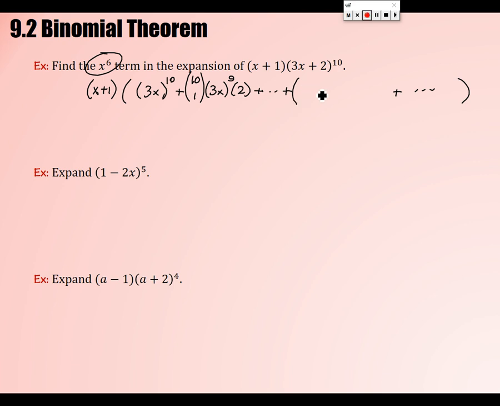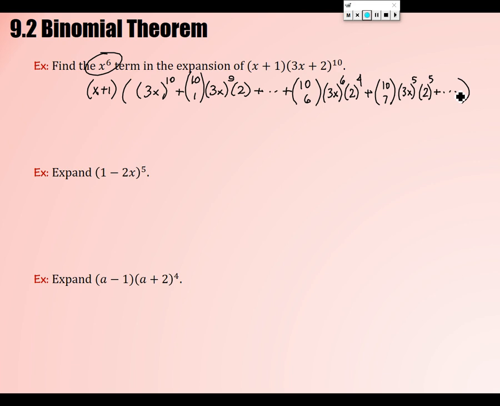The x to the 6th term will be of the form (3x) to the 6th, 2 to the 4th, 10 choose 6 or 4. And the term right after that I'm interested in too: 10 choose 7, whatever, (3x) to the 5th, 2 to the 5th.